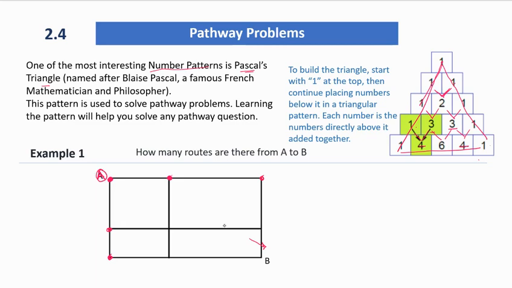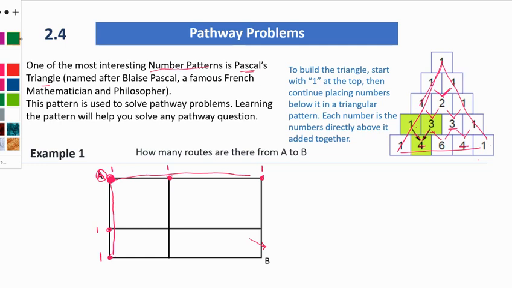The first thing you're going to do at the starting point is draw in nodes on the lines that come out of our starting point. Notice that this top line and this line going down are the only two that come out of the starting point A. Then we are going to put number ones on these points, just like Pascal's triangle. It's our starting point.